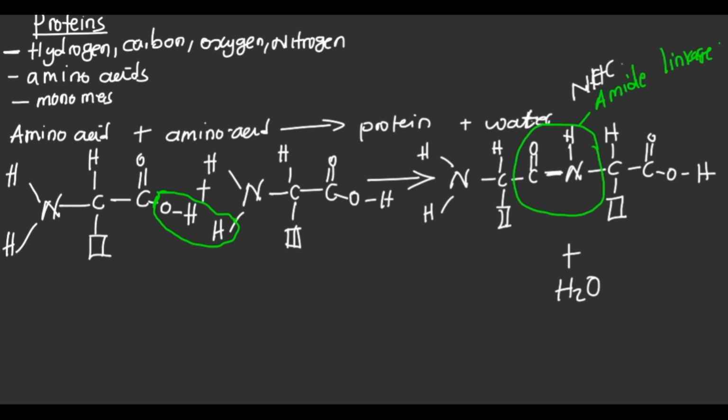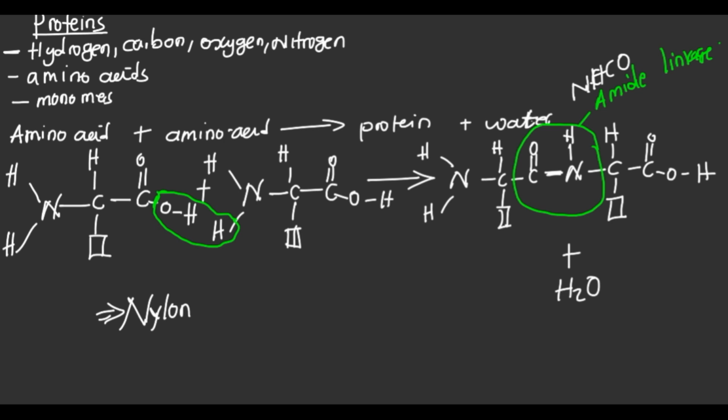NHCO. Then if the question were to ask you to name another macromolecule or polymer that has a similar linkage as in proteins, it is nylon. There is a video that I posted on nylon and terylene.